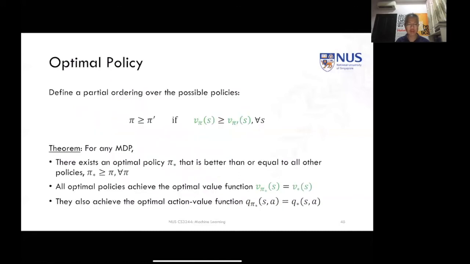To define an optimum policy is to basically define some partial ordering over all the possible policies that we can make. This is a really crucial slide, so just make sure you remember this.